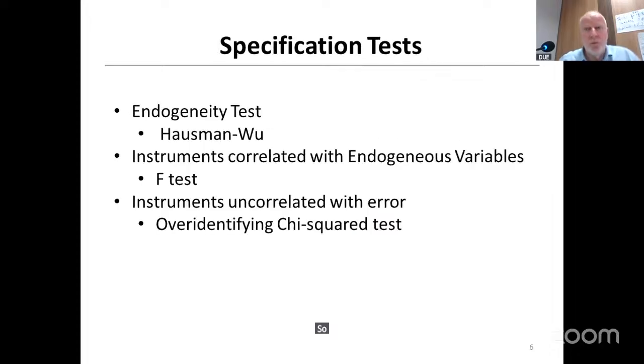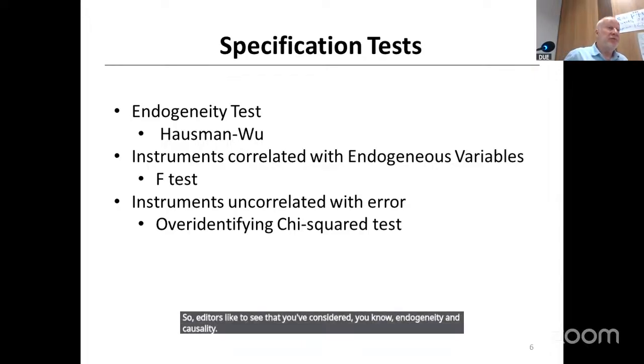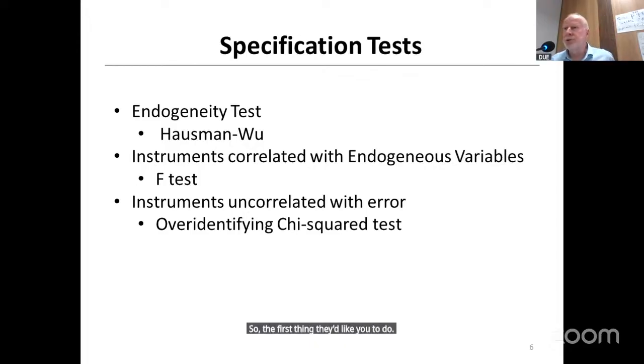Editors like to see that you've considered endogeneity and causality. So the first thing they'd like you to do is to conduct a test for endogeneity, and that's known as a Hausman-Wu test. You compare the coefficients of maximum likelihood with the coefficients of instrumental variables.